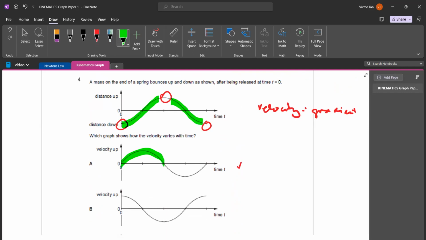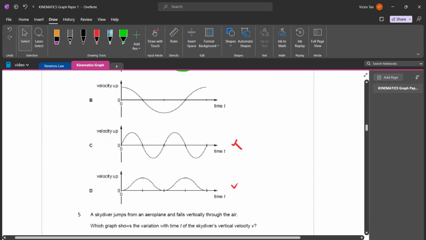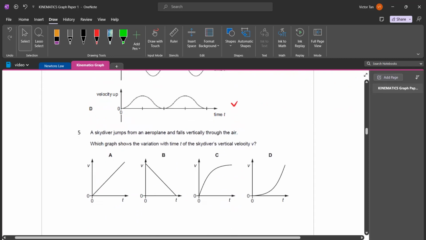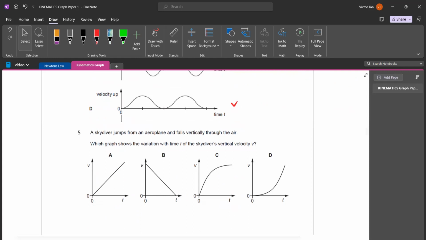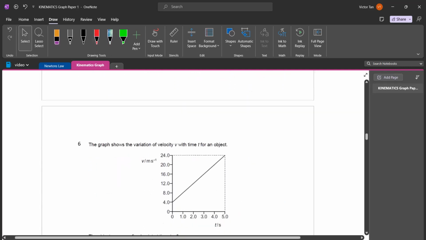In this part of the graph, gradient negative, velocity negative. So the answer is A. A skydiver jumps from an aeroplane and falls vertically through air. Which graph shows the variation with time t of the skydiver's vertical velocity? This is a terminal velocity graph, and the obvious answer is C.